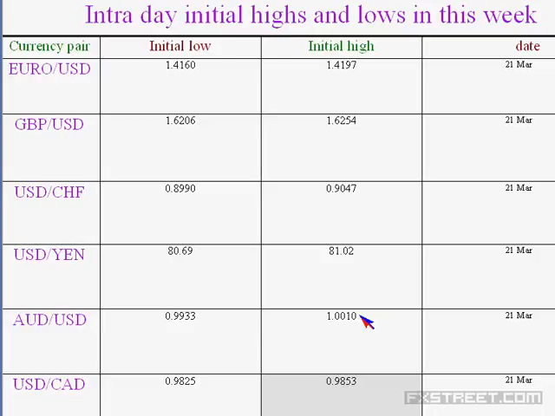Then in the case of yen, 80.69 is the low and 81.02 is the high, both are not breached. And in the case of Australian dollar, 0.9933 was the low, which is intact, and 1.0010 was the initial high. They breached the high and are staying above that. 1.0020 has become the new high.